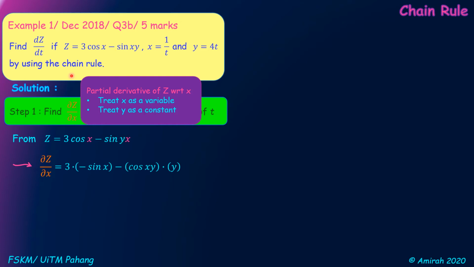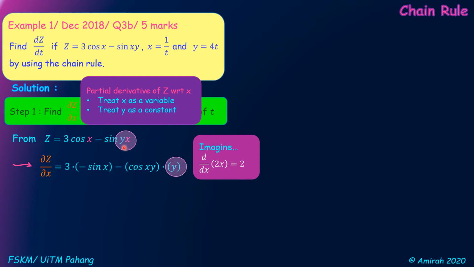But after that, we need to differentiate yx. To differentiate yx, we just imagine we want to differentiate 2x with respect to x, because we treat y as a constant. Let's say we imagine y equals 2. So when we differentiate 2x, the answer equals 2.